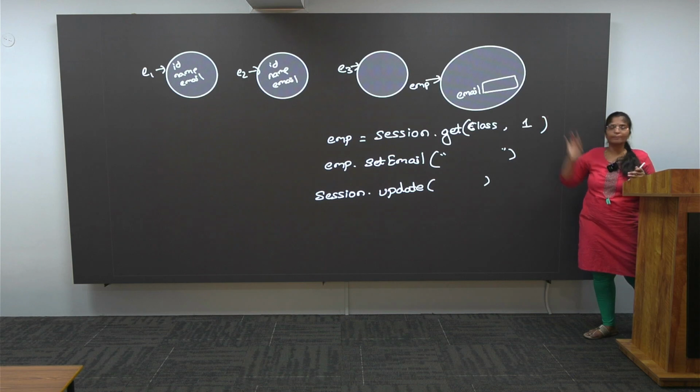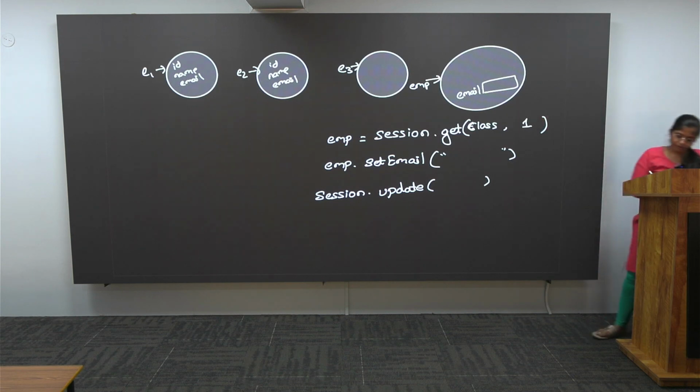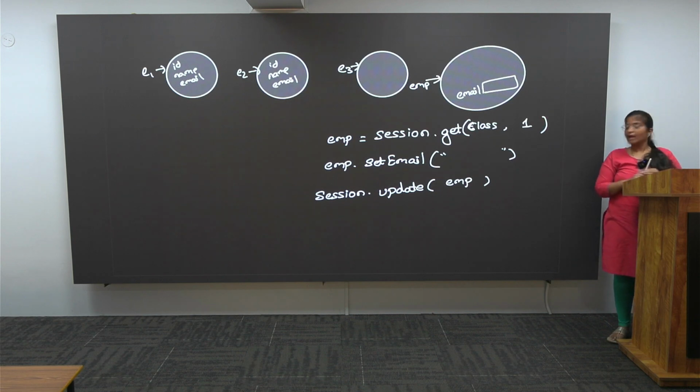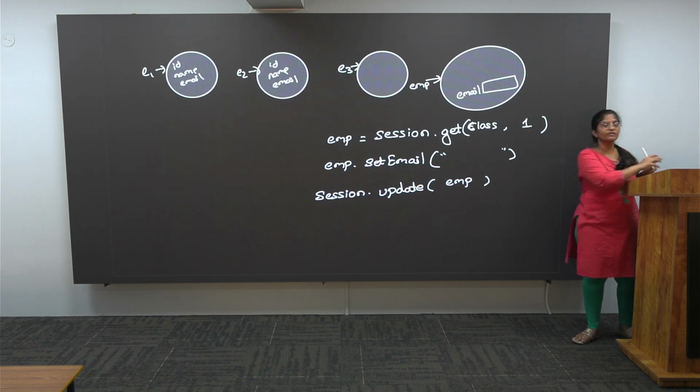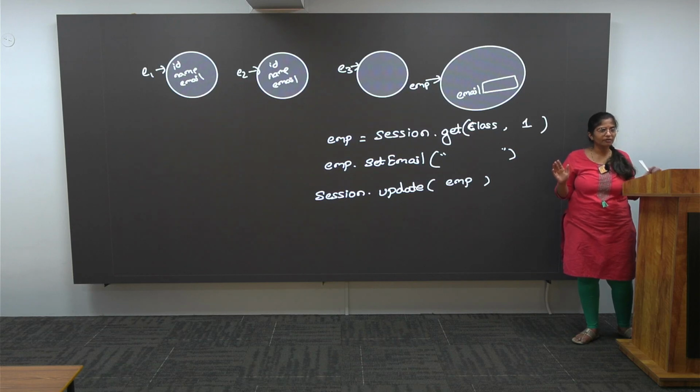Which object do I want to update? emp. So you need to pass this emp object. I hope it is clear. If you do these 3 steps, the email ID changes will happen to your database. Is it clear for everybody? This is how the updation you need to do.